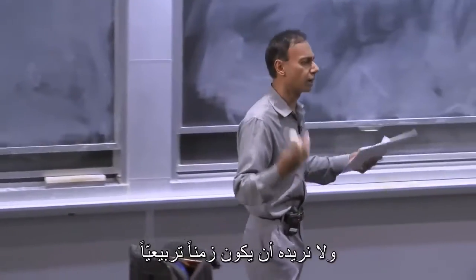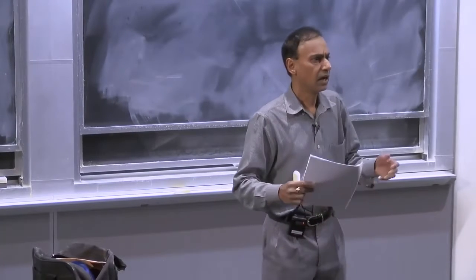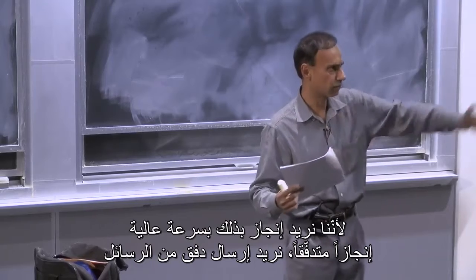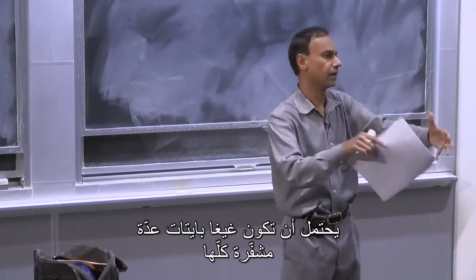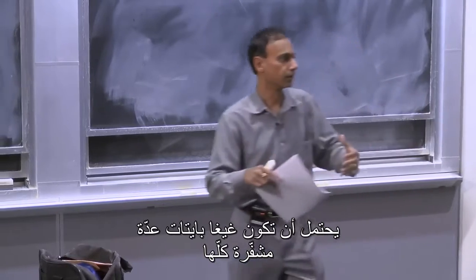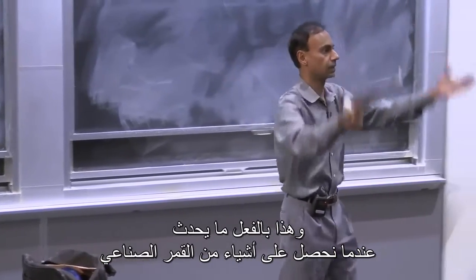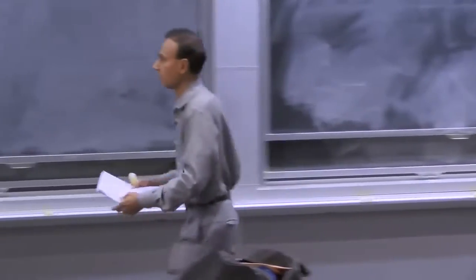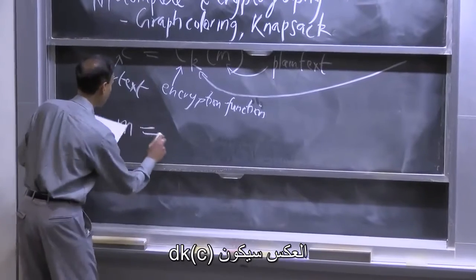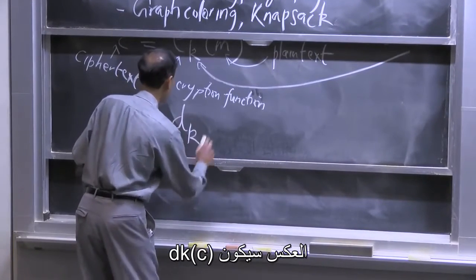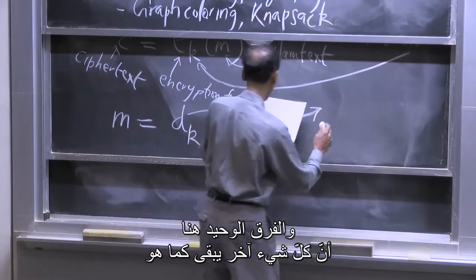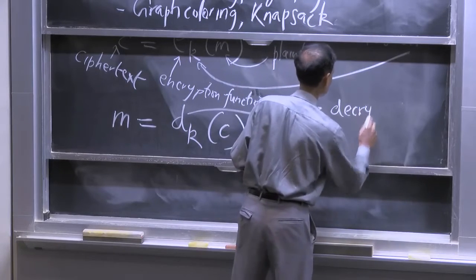And you don't really want it to be quadratic time even, because you want to do this very fast, streaming, send streams of messages, many gigabits potentially, that are all encrypted. And this is actually what happens when you get stuff from your satellite and you're downloading movies. That's exactly what happens. Right? So it's symmetric key encryption of a lot of data. So backwards would be D of K, C, right? And the only difference here is that everything else stays the same. This is our decryption function.